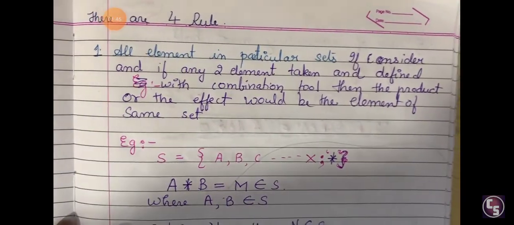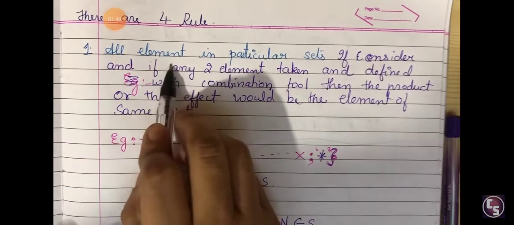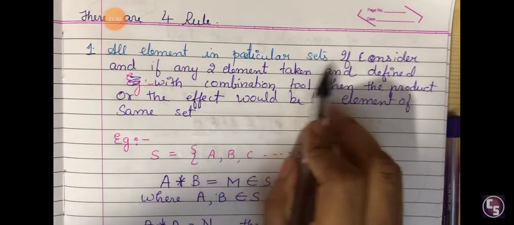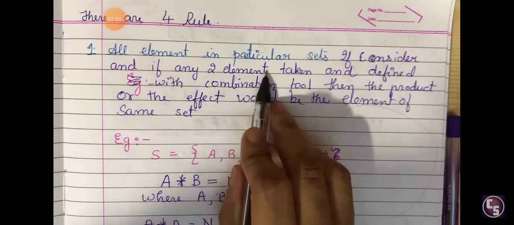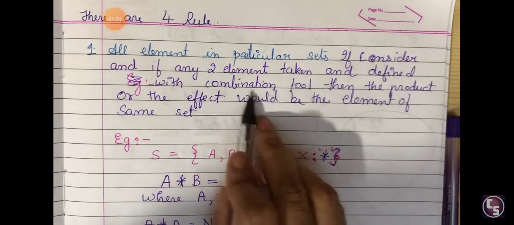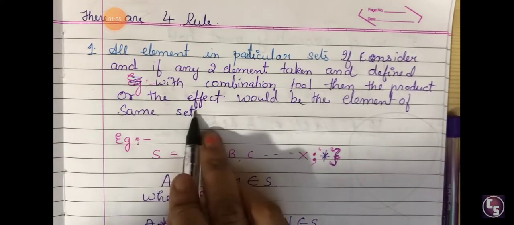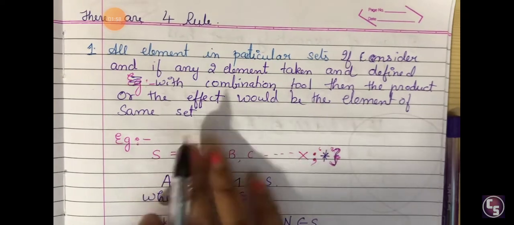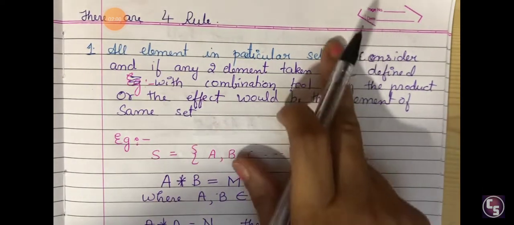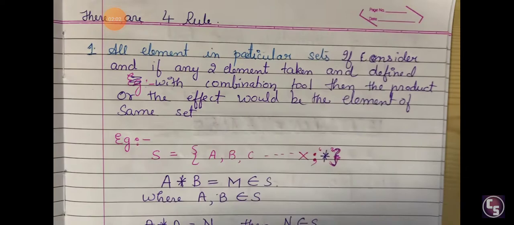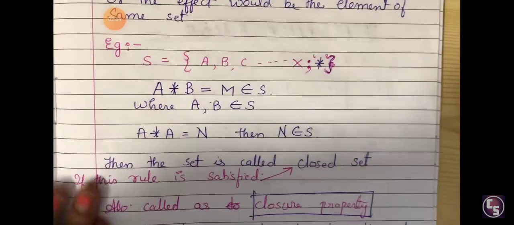The first rule says that if any 2 elements of a particular set are taken and combined with the defined operation, then the product must be an element of the same set. I can explain this with an example.